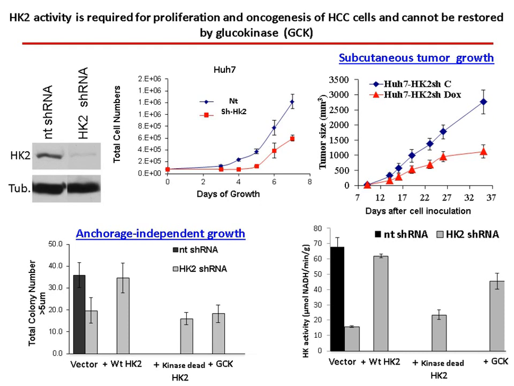We also inhibited anchorage-independent growth by silencing hexokinase 2. This is a hallmark of cancer cells, and we could restore anchorage-independent growth by re-expressing wild-type hexokinase 2, but not a kinase-dead form of hexokinase 2, and not by re-expressing glucokinase.